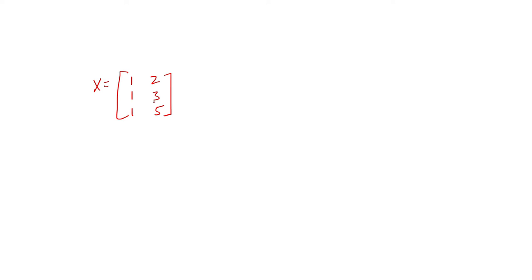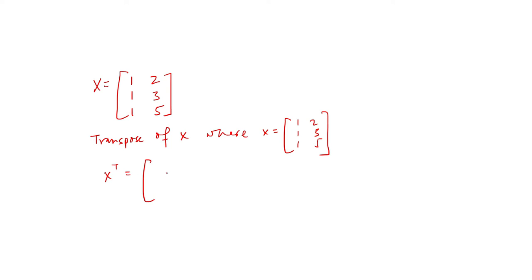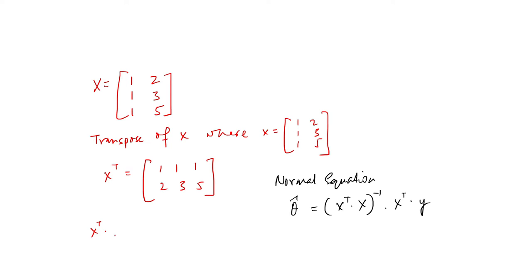First, the transpose of x, where x equals, xt equals, and then the dot product of x transpose and x.